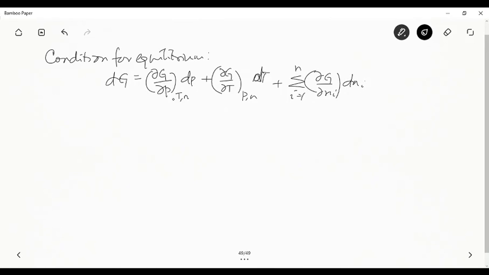For equilibrium, this should be equal to 0, and for the reaction to actually happen, this should be less than or equal to 0.